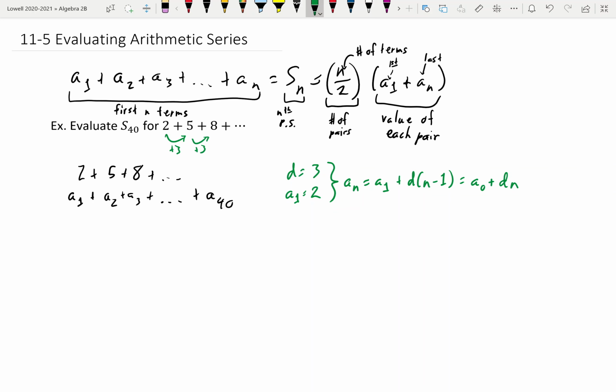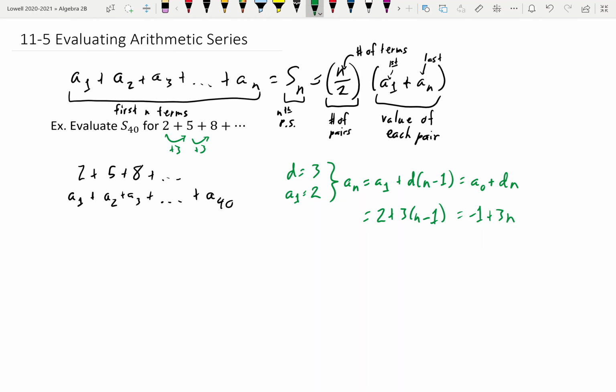This is easier for me personally, although it doesn't make this nice, sexy formula that you'll see later. For us, this ends up being 2 plus 3 times n minus 1, or the 0th term would be negative 1 in this case, plus 3n. So these are exactly the same.